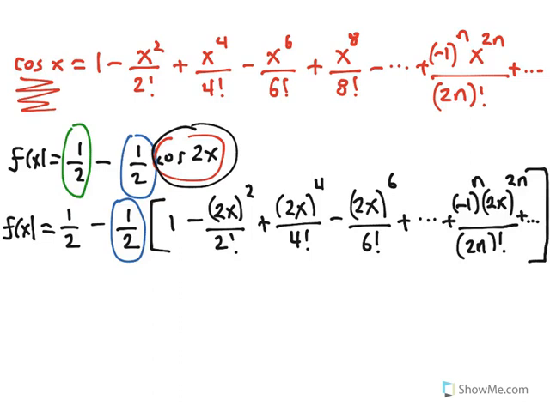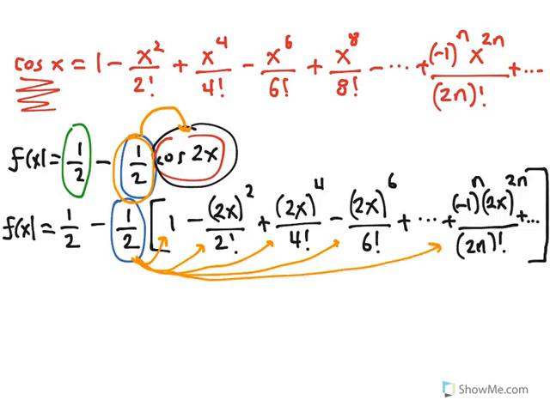One thing that you can do is distribute this 1/2, because 1/2 is multiplying cosine of 2x, so 1/2 will multiply the power series representation for cosine of 2x. So you can distribute the 1/2 to each of the infinitely many terms in the power series for cosine of 2x. And when you do that, this is what you have.